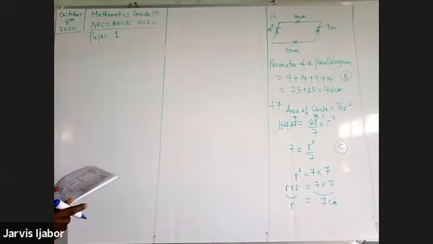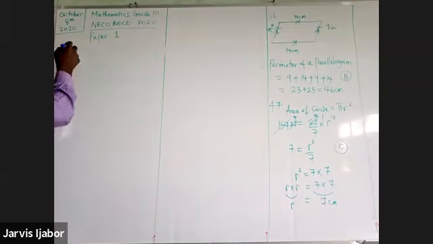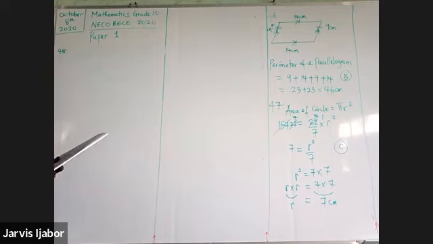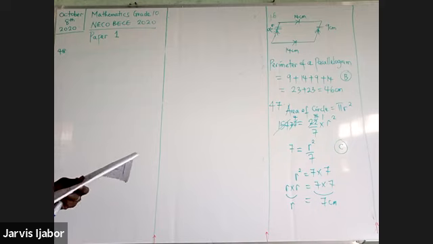Okay, so we're done with 47, so let's go to 48. In question 48, we are told, if the area scale factor of two similar shapes is 49 is to 121, determine their linear scale factor.